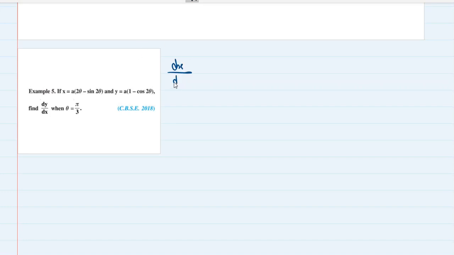So dx by d theta will be, see, if I find d by d theta of a bracket 2 theta minus sine 2 theta.